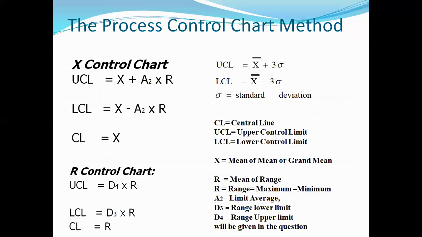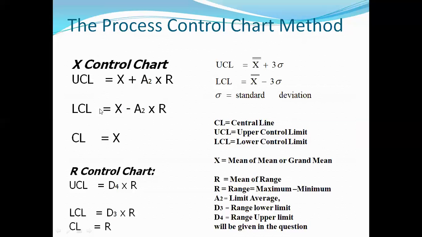Now these are certain values which you plot over the statistical process control chart. In the earlier case we just discussed the three control limits. So here one by one we will discuss what the upper control limit is, what the lower control limit is, and what the central limit is. So for the X bar control chart, the upper control limit is the X double bar plus A2 into R bar.